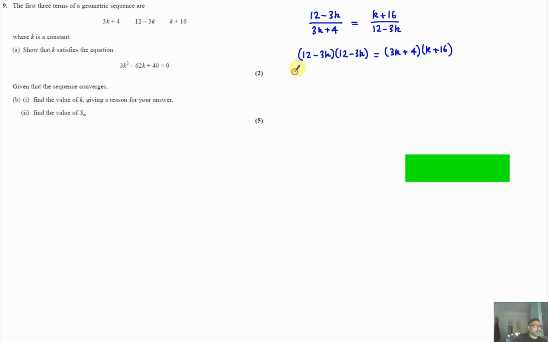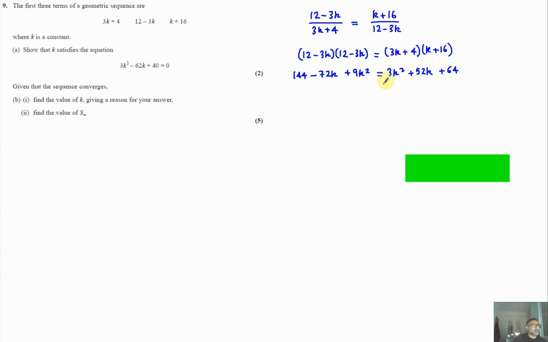Expanding this out gives us 144 minus 36K minus 36K, so minus 72K, plus 9K squared. On this side, 3K squared plus 48K plus 4K, so plus 52K, and then plus 64.